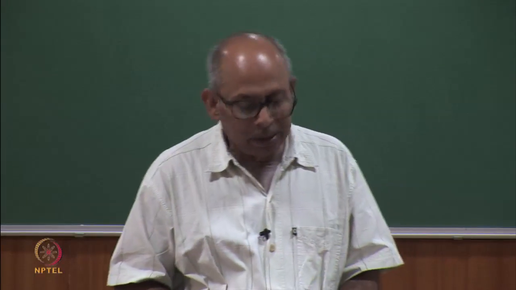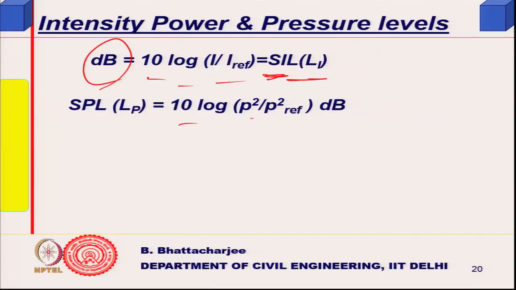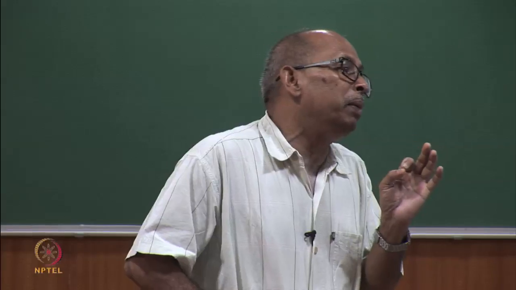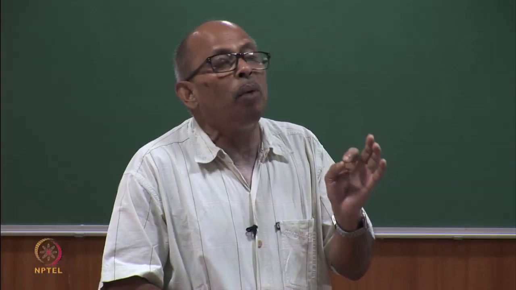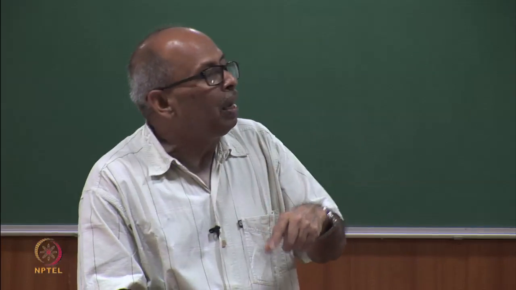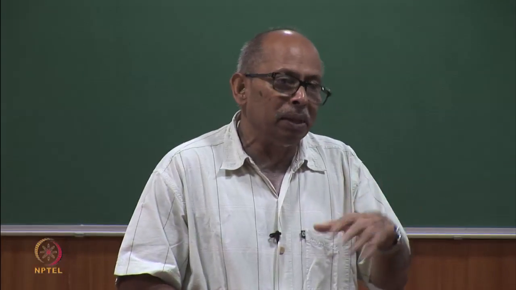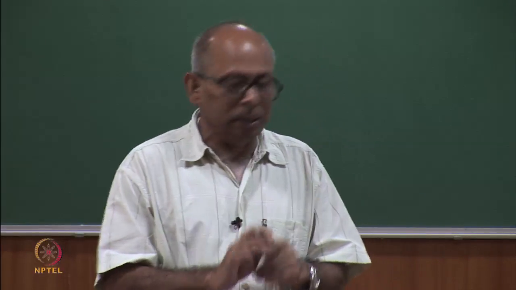So you can see that Lp is 10 log P square by P reference square, because intensity is proportional to P RMS square. Whenever I am talking of P now, I only mean P RMS, not amplitude, because that is the output you will get from any instrument, and we are dealing with that situation only.